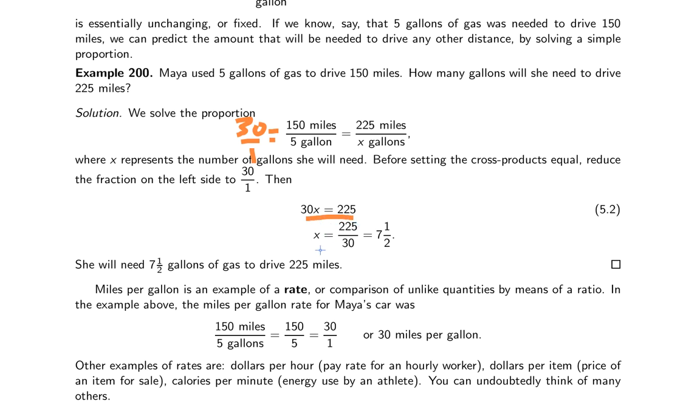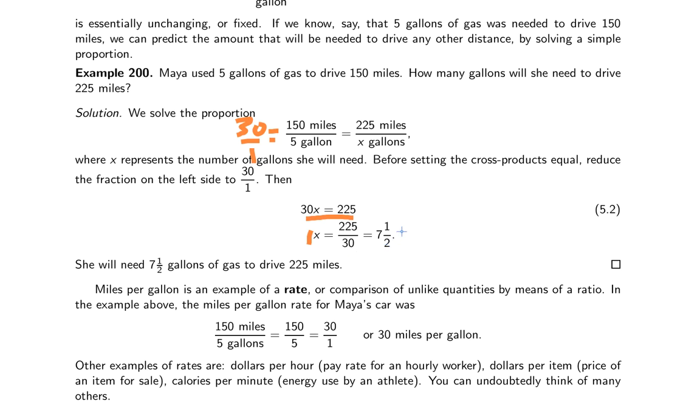Divide both sides by 30 to get 1x. And then doing this division, 30 goes into 225 7 times. That's 210, and 15 left over.